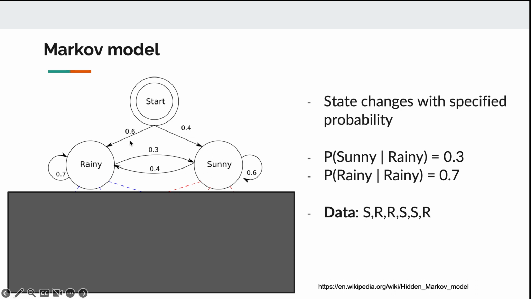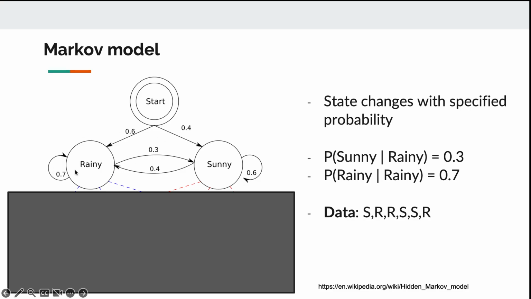So to get to the first state, we use some prior knowledge that we expect 60% of the time to be rainy. But once we enter the rainy state, whether tomorrow will be sunny or rainy depends on what today is, because today's weather can be used to predict tomorrow's weather.